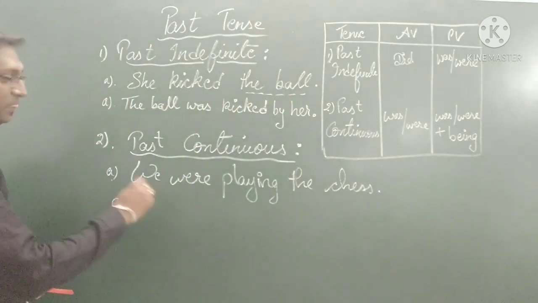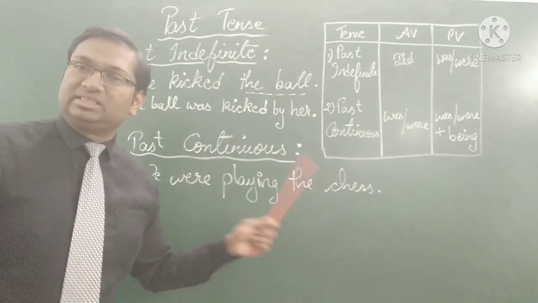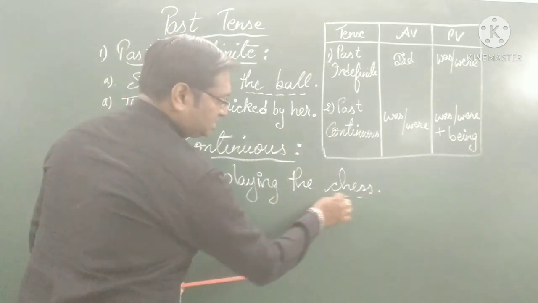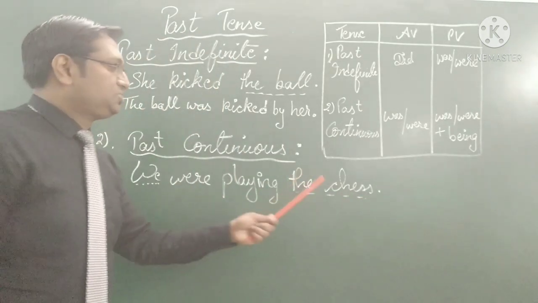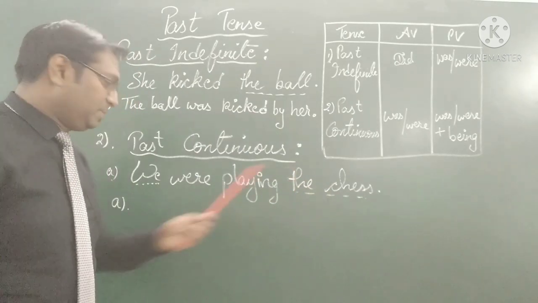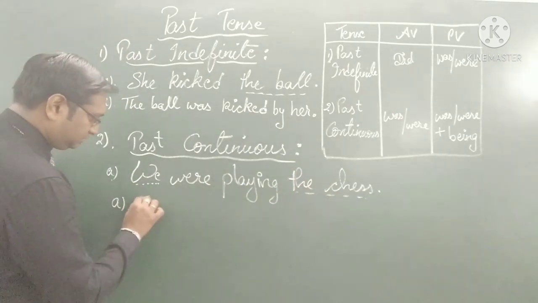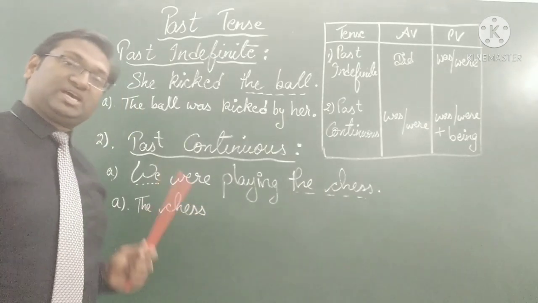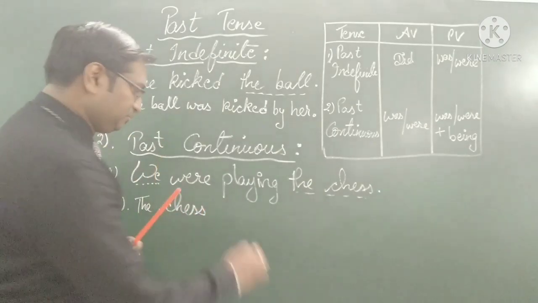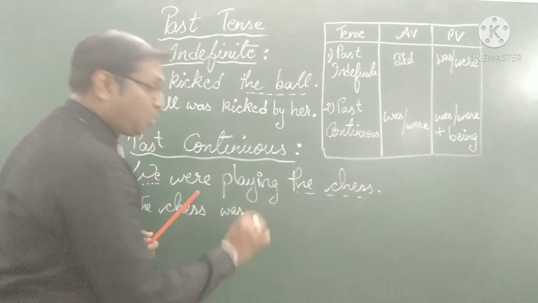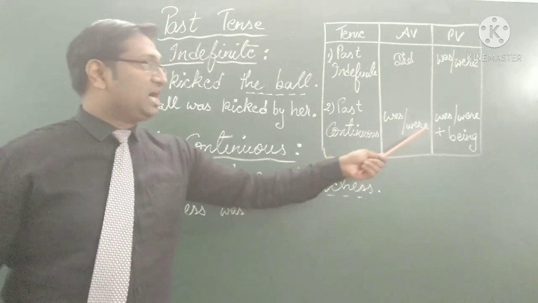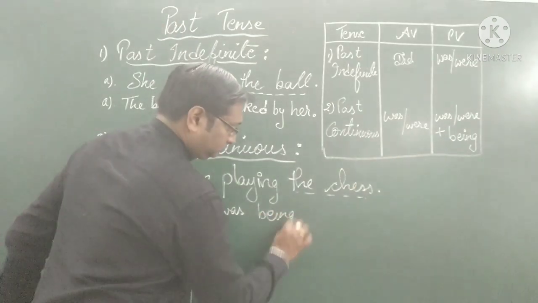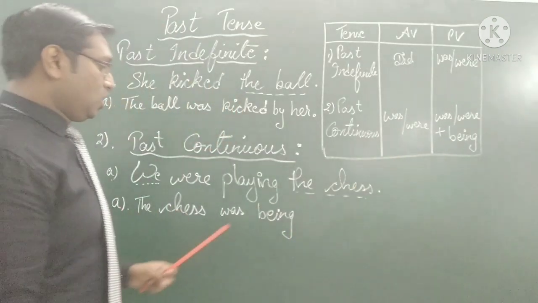Let's start this. We were playing the chess. Over here we is the subject and chess is the object. So the chess will become the passive subject. The chess. Now chess is singular, so was. According to the chart, was plus being. So the chess was being.